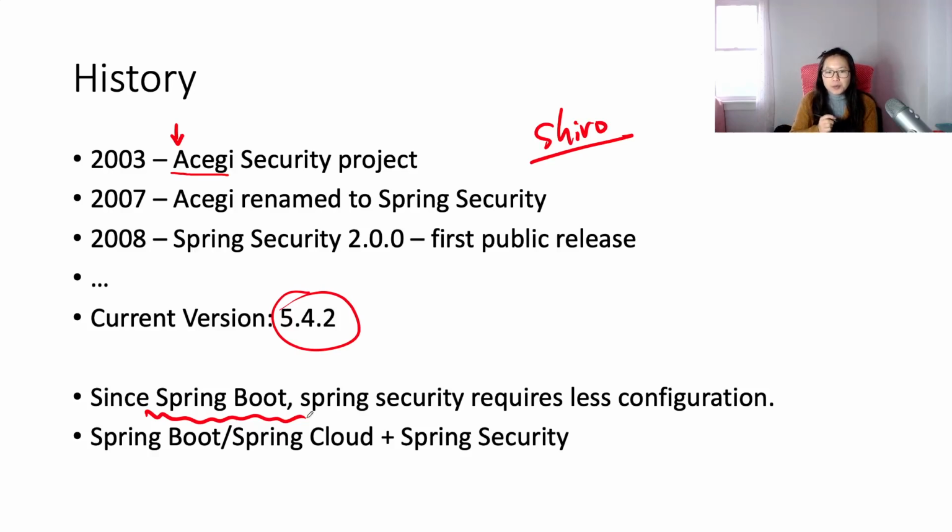But since Spring Boot, Spring Security requires less configuration, and that's why Spring Security became more and more popular. So normally nowadays, when we use Spring Security, the better combination is Spring Boot plus Spring Security, or Spring Cloud plus Spring Security. For this playlist, I will only introduce Spring Boot plus Spring Security.